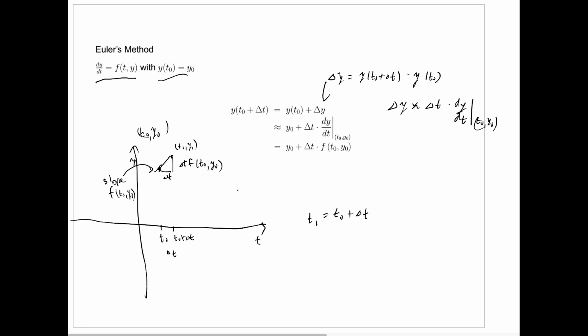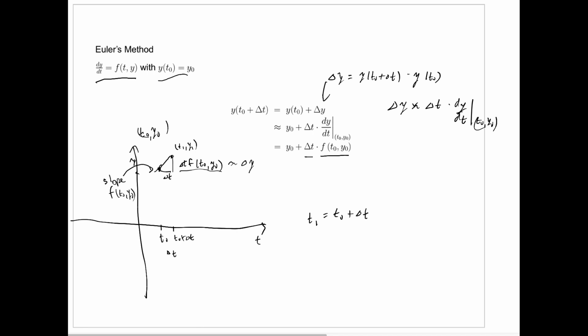So y of t naught plus delta t is approximately y of t naught plus delta t times f of t naught, y naught, the slope. In other words, we start at y naught, which is this height, and we add this quantity, approximately our delta y, and we get to a new point.